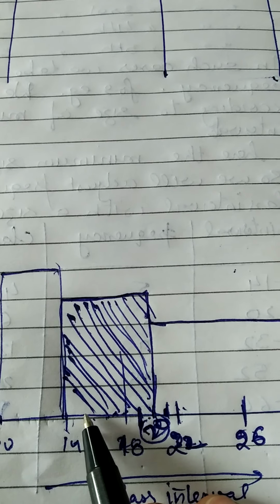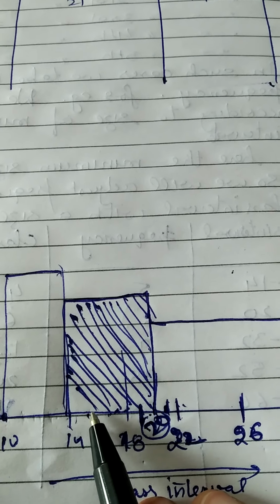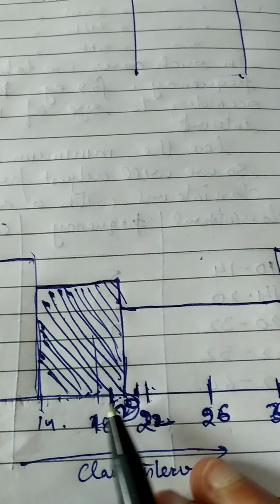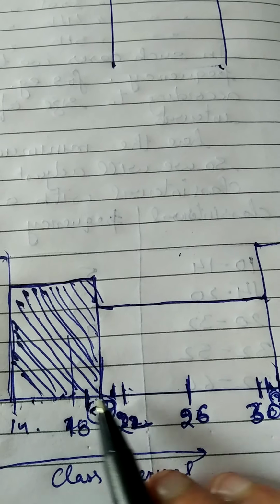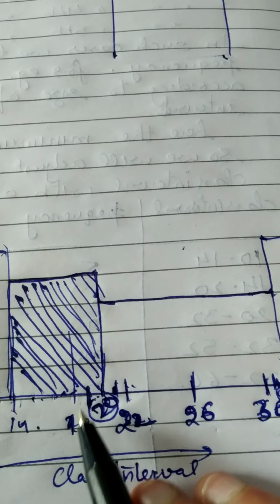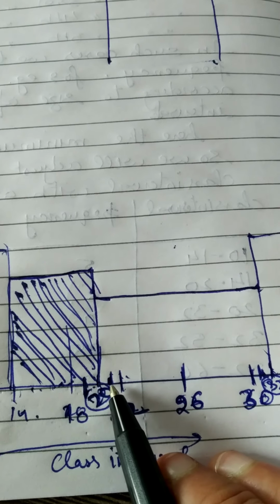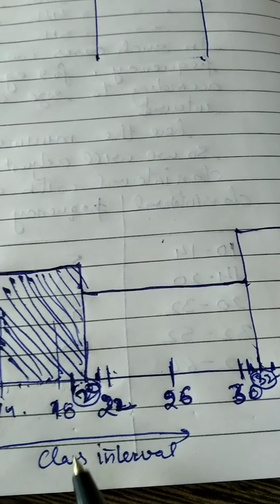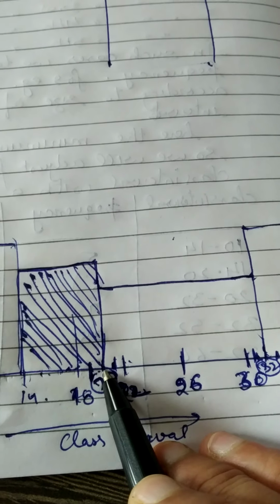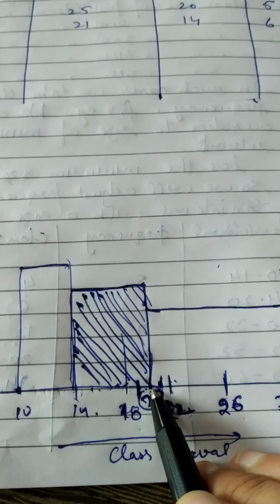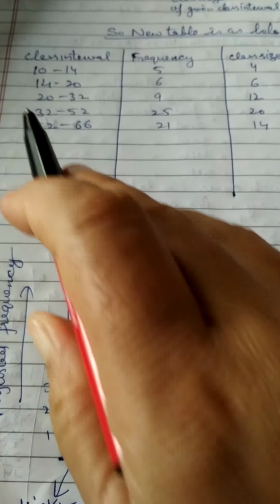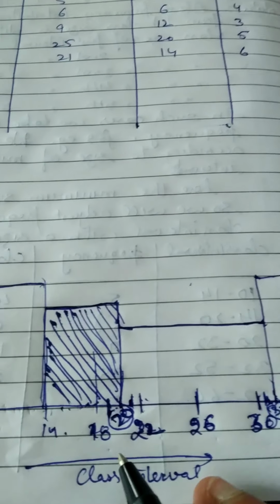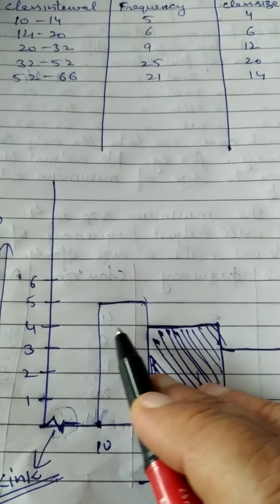Similarly here we will have 15, 16, 17 and 18, 4 parts. Then between 18 and 22 there will be 4 parts: 19, 20, 21 and 22. Here we will have 20. Now we draw the graph for 14 to 20. Its adjusted frequency is 4, so it will go up to 4.